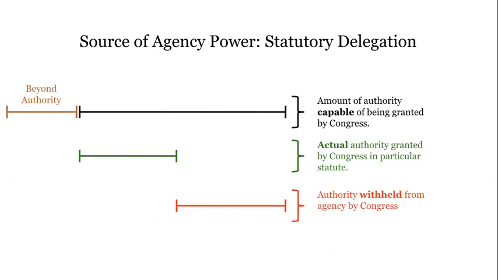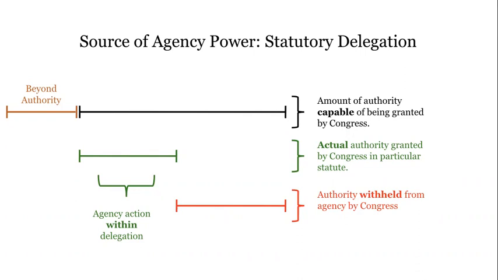So if we review an agency action, we can now provide a framework and ask: what is the authority that Congress is capable of granting?